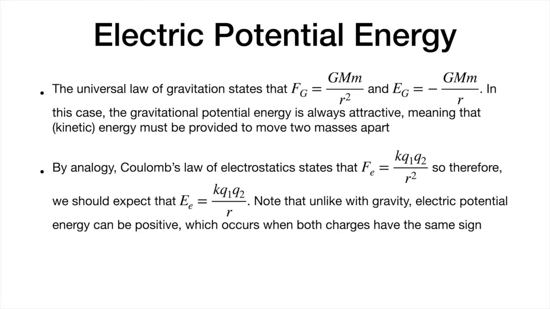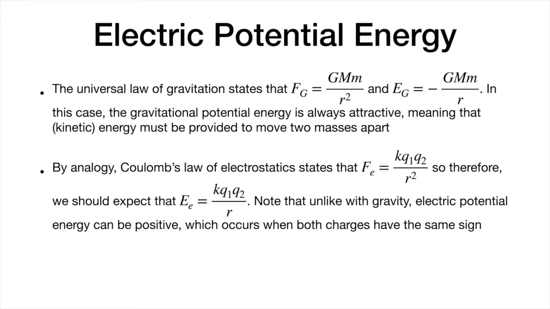Now, if we look at, from the last lesson, Newton's law of electrostatics, or electrostatic force, again looking just at the magnitude, we have something that looks kind of similar, don't we? Instead of a capital G, we have a lowercase k, and instead of the two masses, we have the two charges, but that is then divided by the square of the distance.